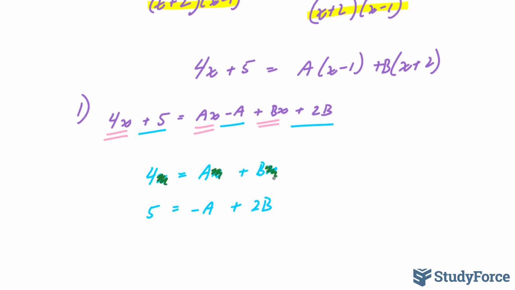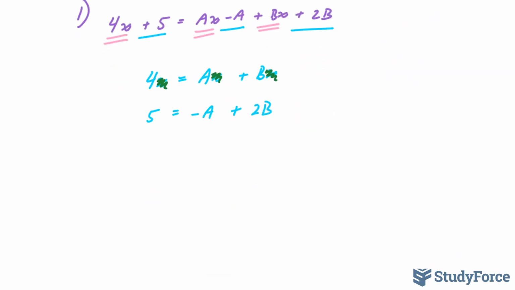And now we have a system of linear equations. Pretend that this is x and y as we normally have when you use elimination or substitution, whatever the case may be. So to solve for our a or b, you can simply add the two equations up. If you add these two equations up, you end up with 9 is equal to a plus negative a, which is equal to nothing, that goes to 0, and b plus 2b is equal to 3b.